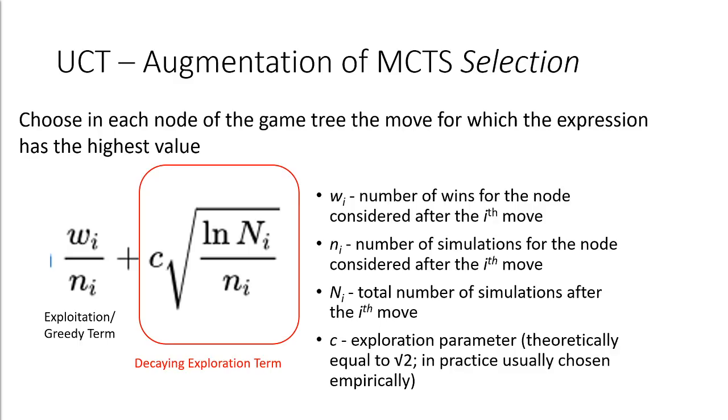But over time, the decaying exploration term will start to go towards 0. And now our scoring will be dominated by just the w over n. And so this has some nice properties because it improves on this ability to balance the exploitation and exploration.